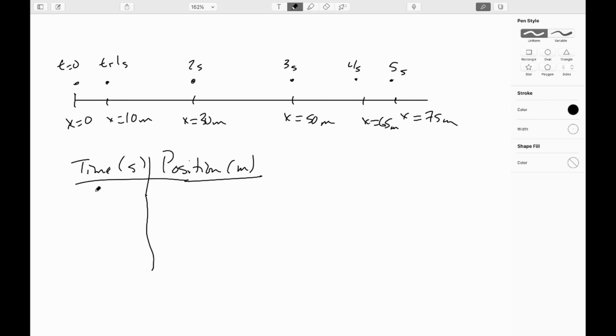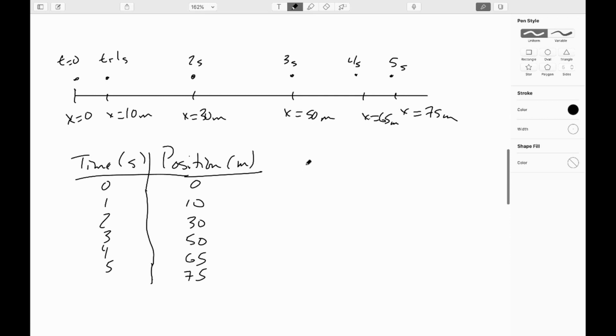So 0, 1, 2, 3, 4, 5, like so. And then I can just fill out the grid. 0, 10, 30, 50, 65, 75, like so. So I could either draw the dots, or I could draw a table. If I have the dots, I can get the table. If I have the table, I can get the dots.